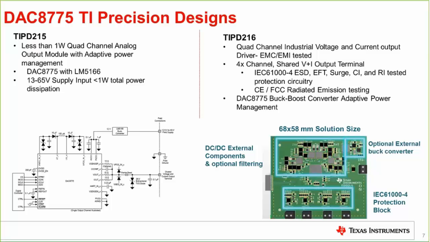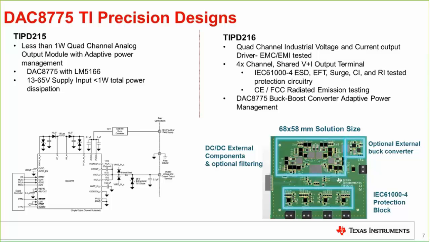We separated the two topics into two reference designs, TIPD215 focusing on power and efficiency, and TIPD216 focusing on the IEC 61000-4 compliance aspect. You can see a small graphic on the bottom of the slide, one depicting a block diagram, and the other depicting a 3D rendering of the PC board layout and illustrating the solution size.